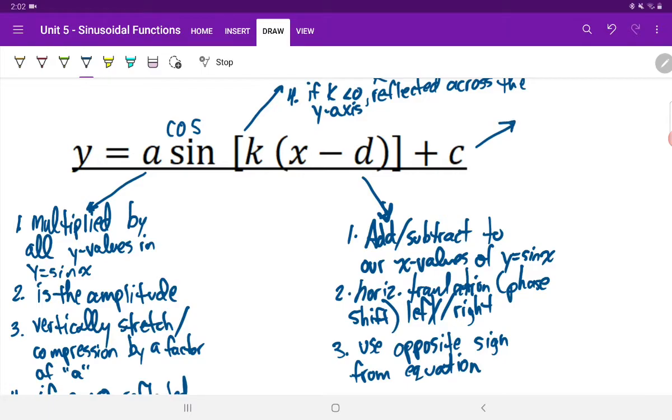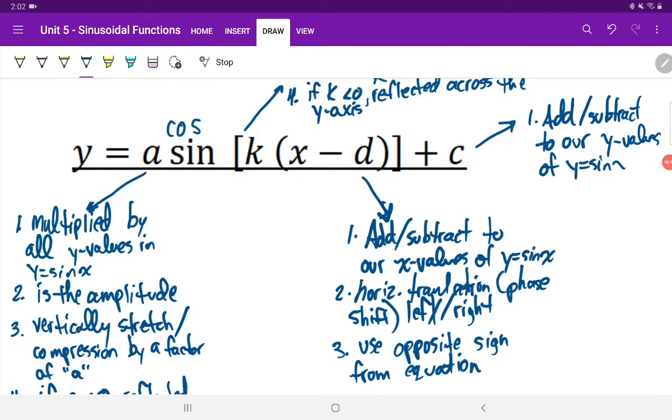Now, C is similar to D in that it is added or subtracted. The nice thing is there's no tricks to this. Add or subtract to this controls our movement up or down. Okay, therefore it's to our y values of y equals sine x.